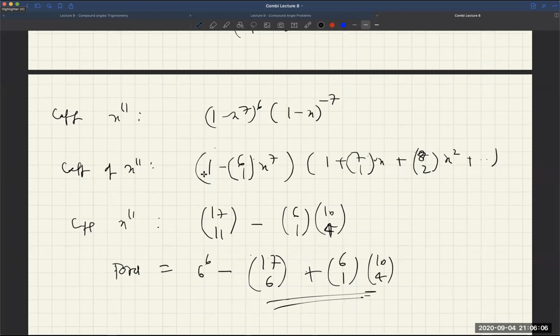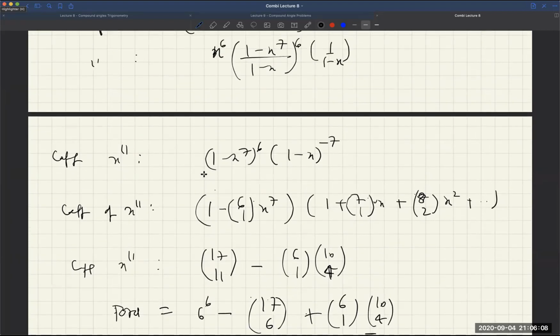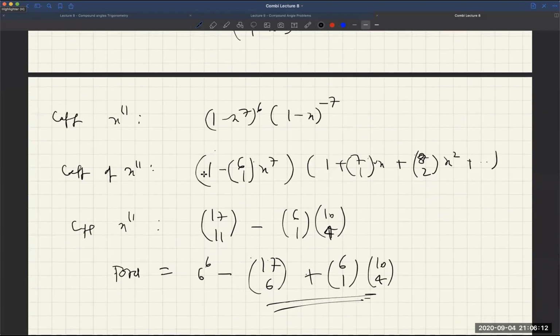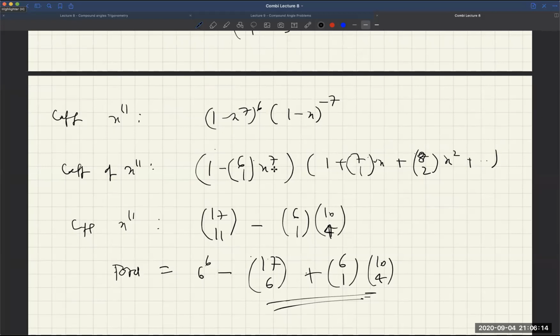Okay, I made a mistake here. 11. So 7 into x raised to 7 multiplied by, equal. Correct. Sorry. I hope this is very clear. Anybody has any doubt in this? Any doubt? Please have a look at it.